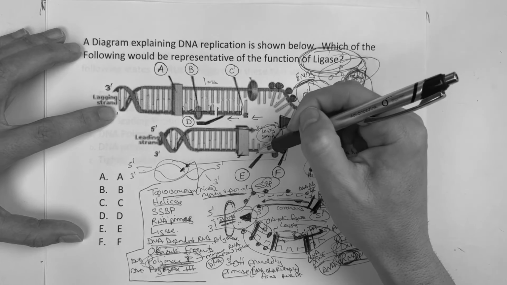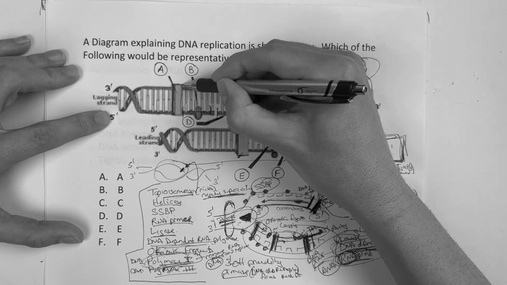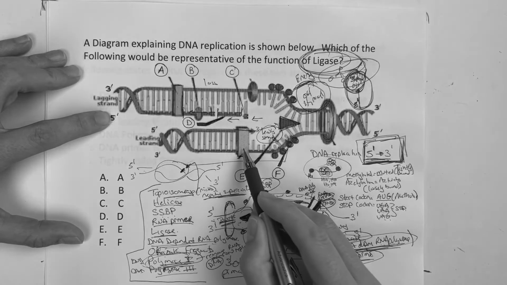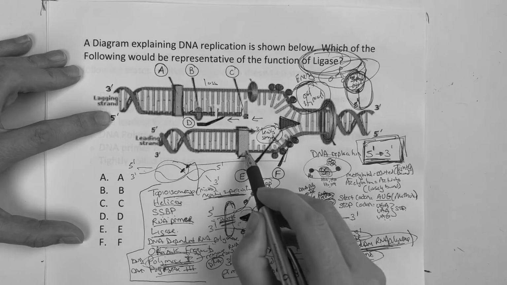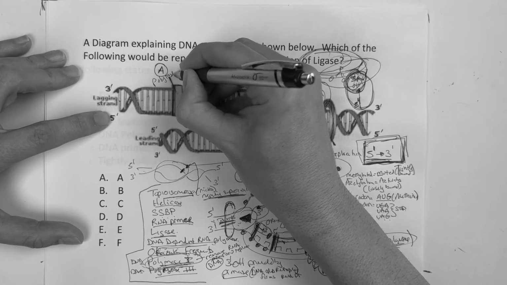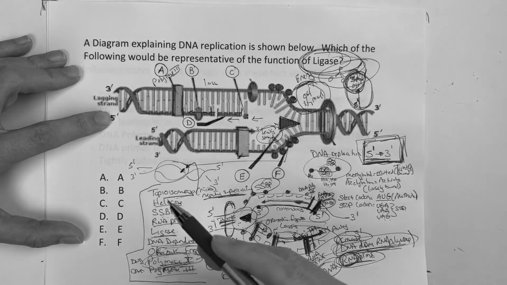So if we were to label these, let's just look at this. Okay, A, as you can see, this one is on both the top and the bottom, or whatever you want to call it. So this is going to be our polymerase 3 more specifically, right? Because he's going to lay down the track, and he's also the one proofreading.